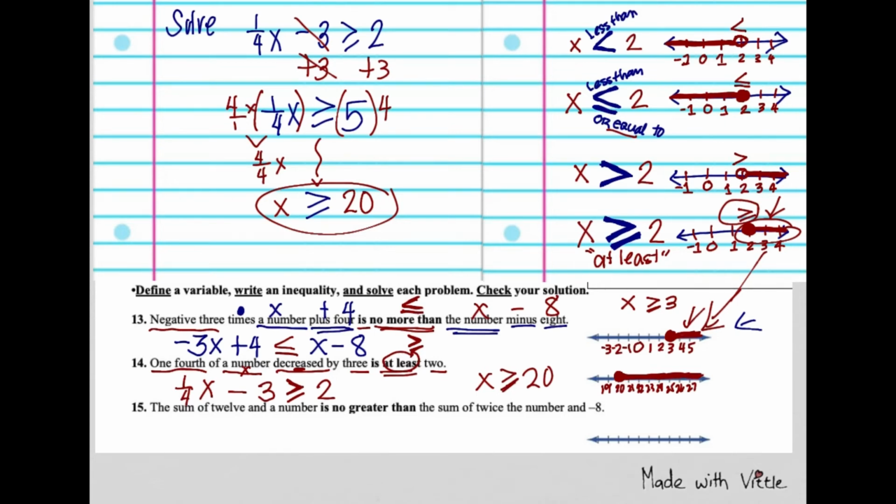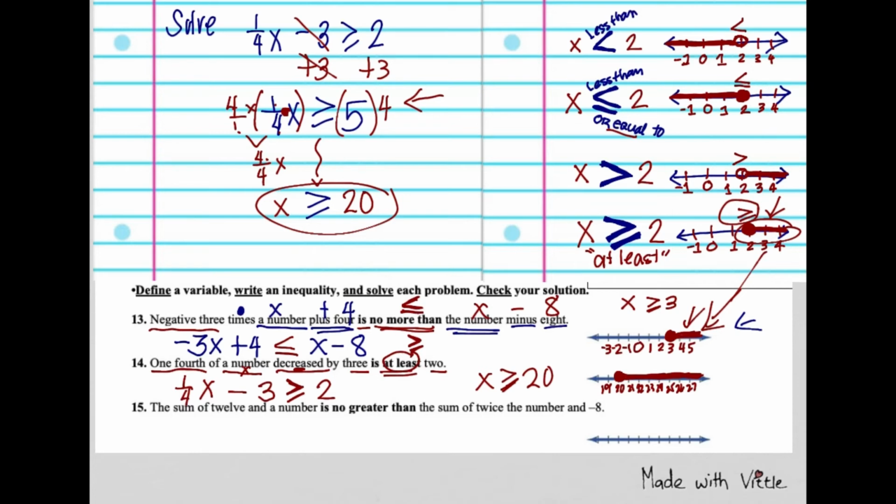Now, I don't want to confuse you on this part wherein I multiplied by 4. I know it's a multiplication here, but I'm just trying to get rid of the 1/4. By multiplying by its multiplicative inverse, I can still get 1x here, because 4 times 1/4 is 1, so that's still 1x.